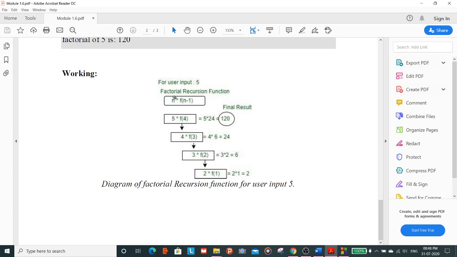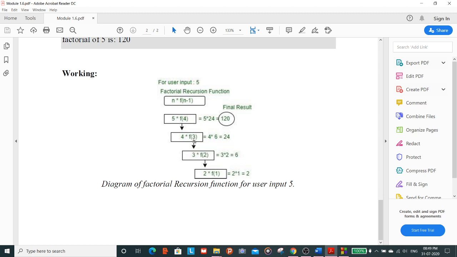Let's have a look here. We need to find out the recursion of 5. The factorial recursion function is n multiplied with f of n minus 1. That means here 5 multiplied with f of n minus 1, that is 5 minus 1, f of 4. Again for f of 4, we need 4 multiplied with f of n minus 1, that is 4 minus 1, f of 3.